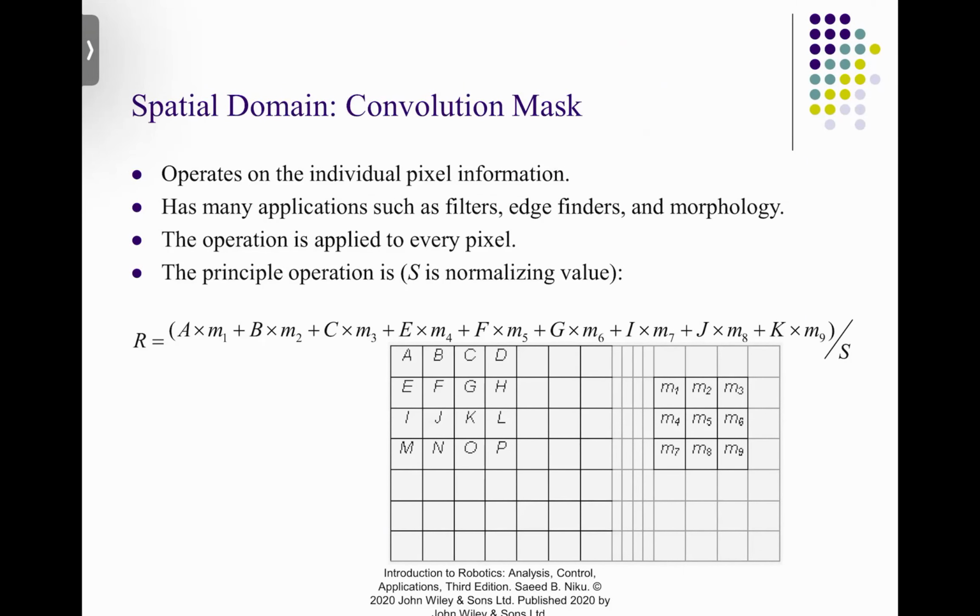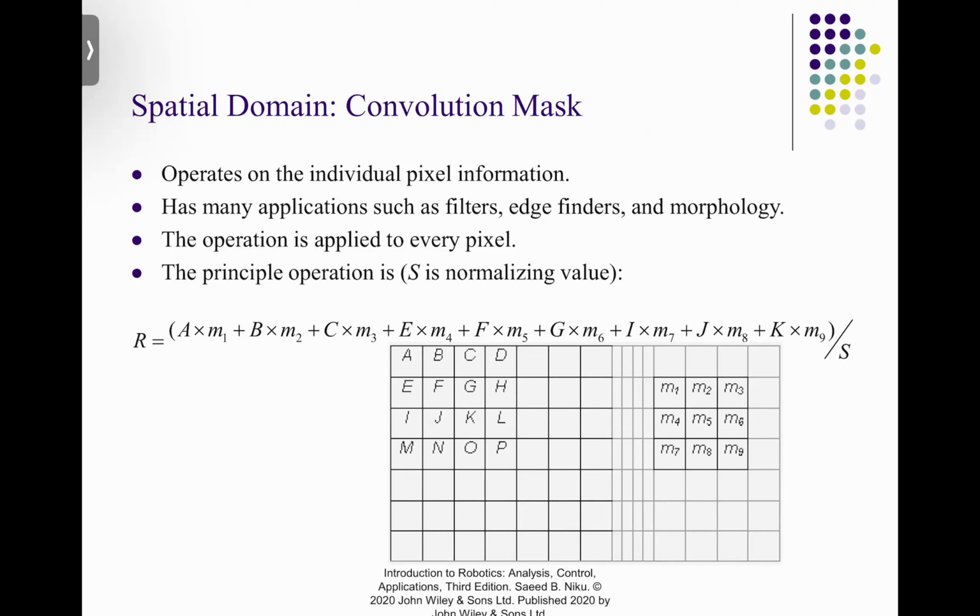Now, one super important concept in image processing is something called convolution. And this is very important. Sometimes it is also called masking. Here is the basic idea. You have this image, and this image has these pixels A, B, C, D, E, F, G, H, I, J, K, L, M, N, O, P. There are some pixel values.